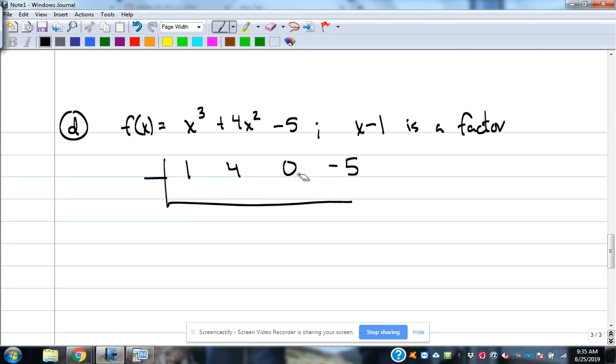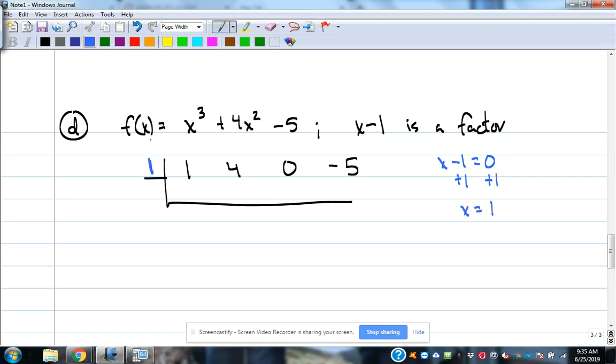What goes on the shelf for this one? Is it +1 or -1? -1. Remember, we got to set x minus 1 equal to 0. And then when I move it, it's going to be +1 that goes up there.